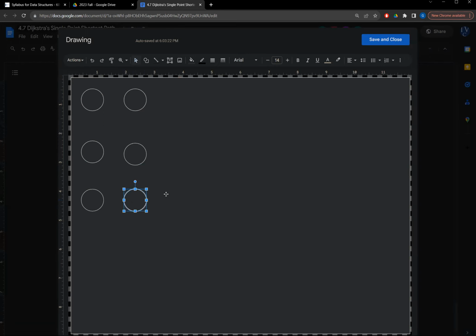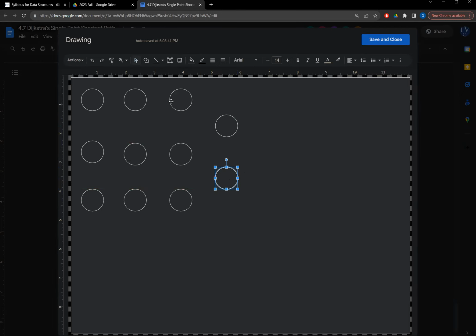Big O notation for Dijkstra. As I mentioned previously, when we're talking about graphs, the O notation is no longer in terms of n, rather in terms of the number of vertices and the number of edges.